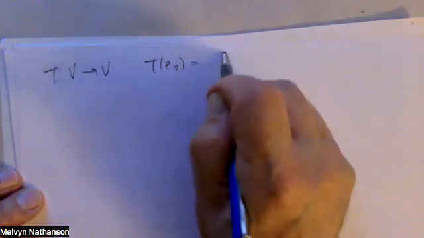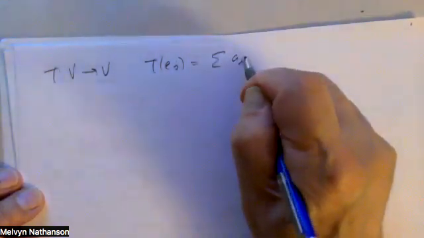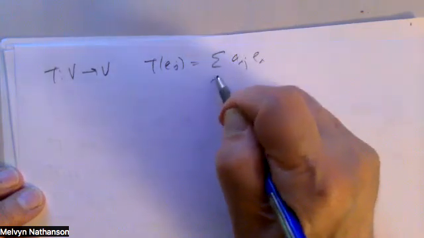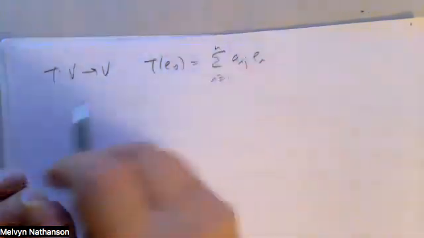So I have T from V to V. T of Ej is the summation of Aij Ei, i goes from 1 up to n.